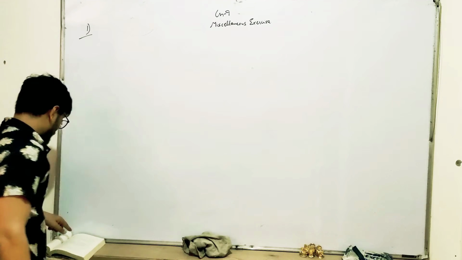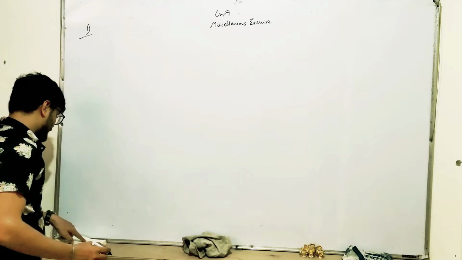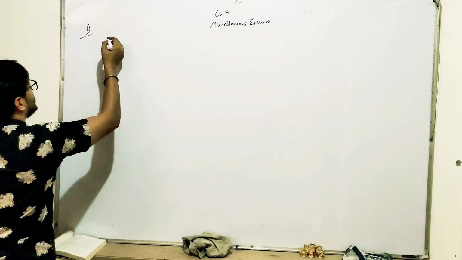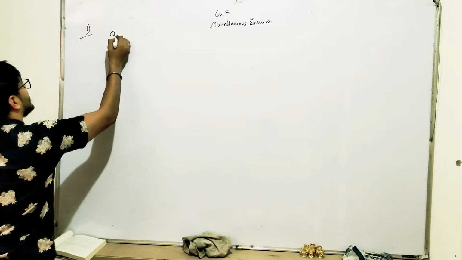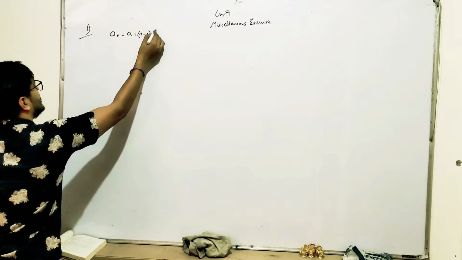So question number first is: show that the sum of the m plus nth term and the m minus nth term of an AP is equal to twice the mth term. So we know that a_n is equal to a plus n minus 1 d.